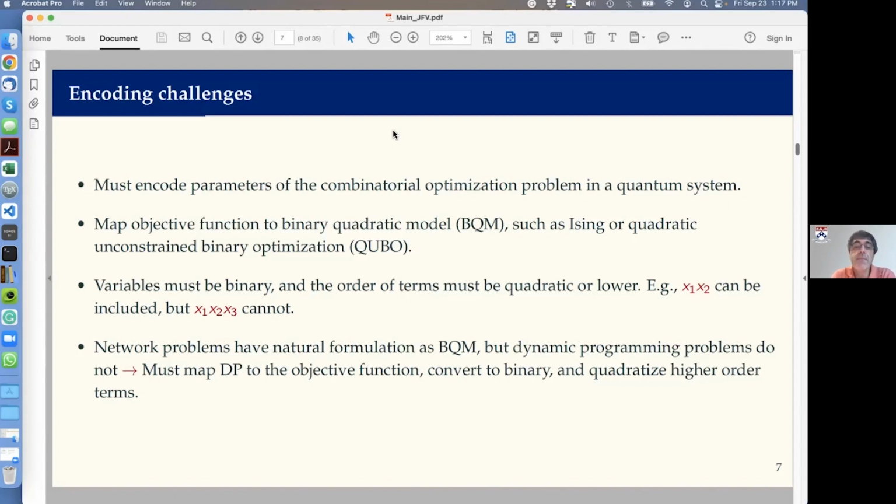But the standard dynamic problems in economics, or at least in macro or in microeconomics or in industrial organization, do not have this form. Which means that what we are going to do later on in just a few slides will be to map dynamic programming to an objective function, convert it to binary, so we can set it up in the QUBO and quadratize higher order terms. Okay, so this is the challenge.